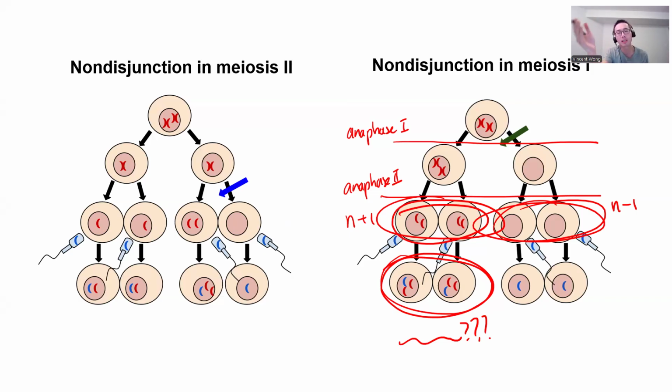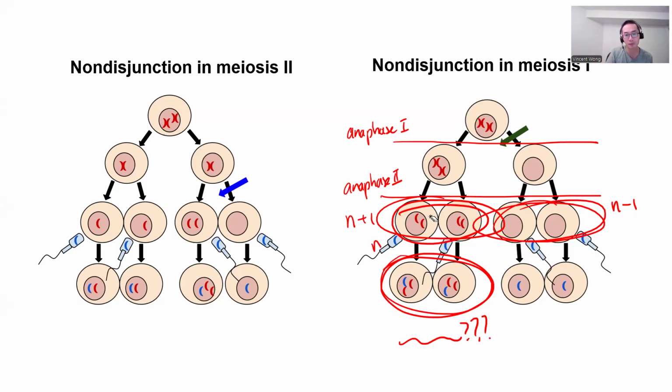How much genetic material does the sperm supply? How much genetic information does the sperm supply? One set, right? So the sperm supplies N.